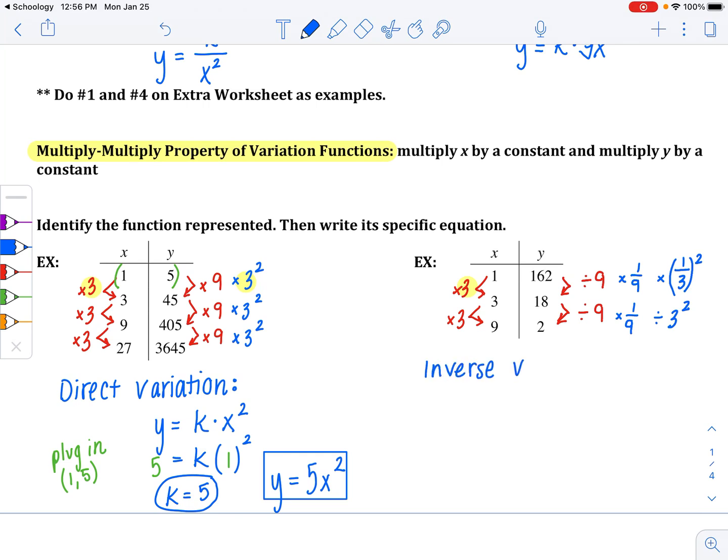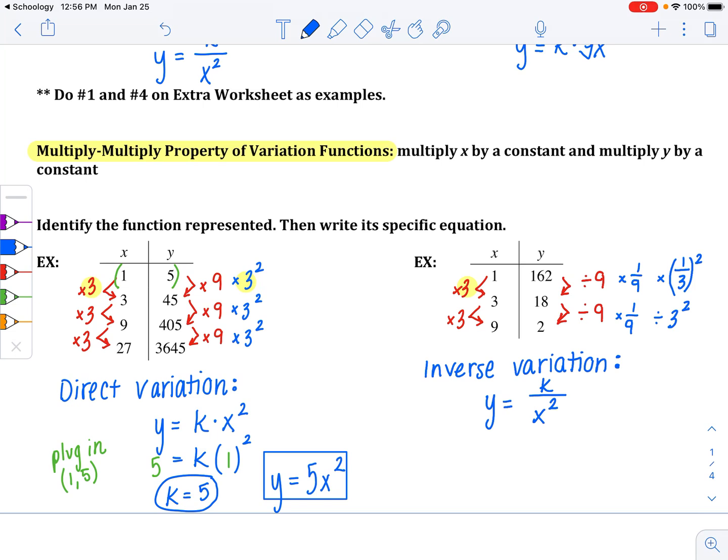And I know that's very confusing, so we'll do more examples, but this is going to be an inverse variation. Y is inversely related with our x squared, our x being the 3. It's by 1/3 raised to the second.